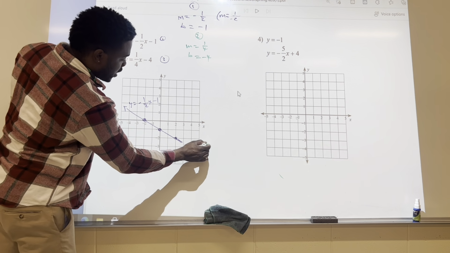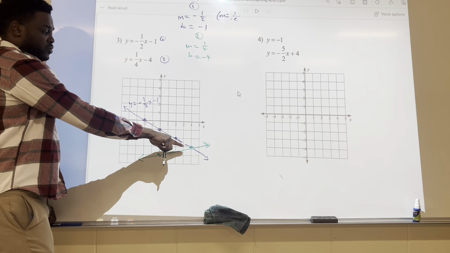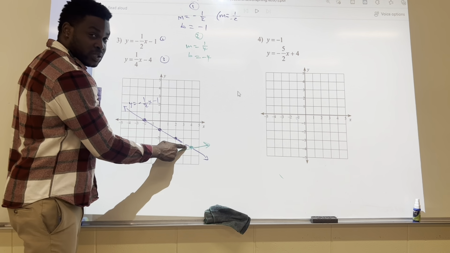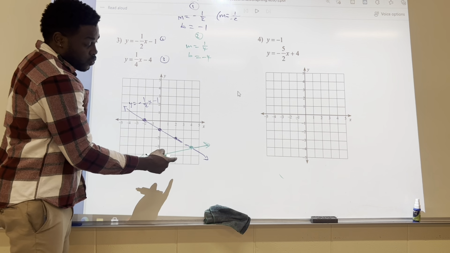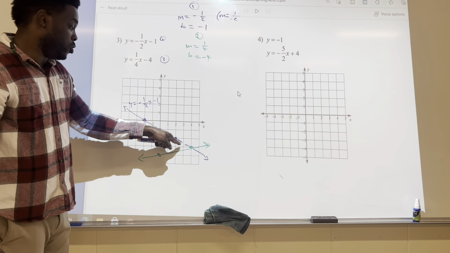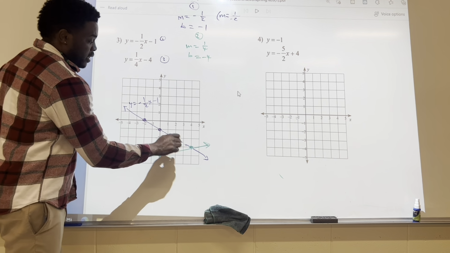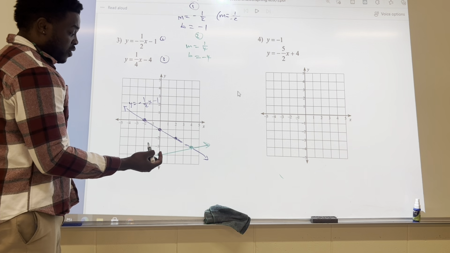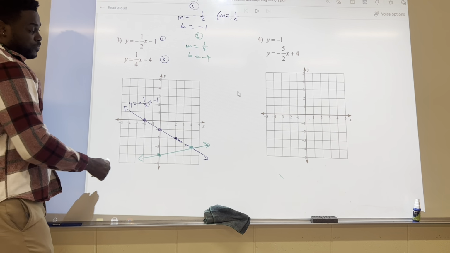The reason why I extend this graph is because I need to find the intersection, right? If I stop the graph here, you wouldn't know exactly where they meet. So that's the reason why I go ahead and extend my graph. And now since I already know my slope, I can keep extending my graph, right?